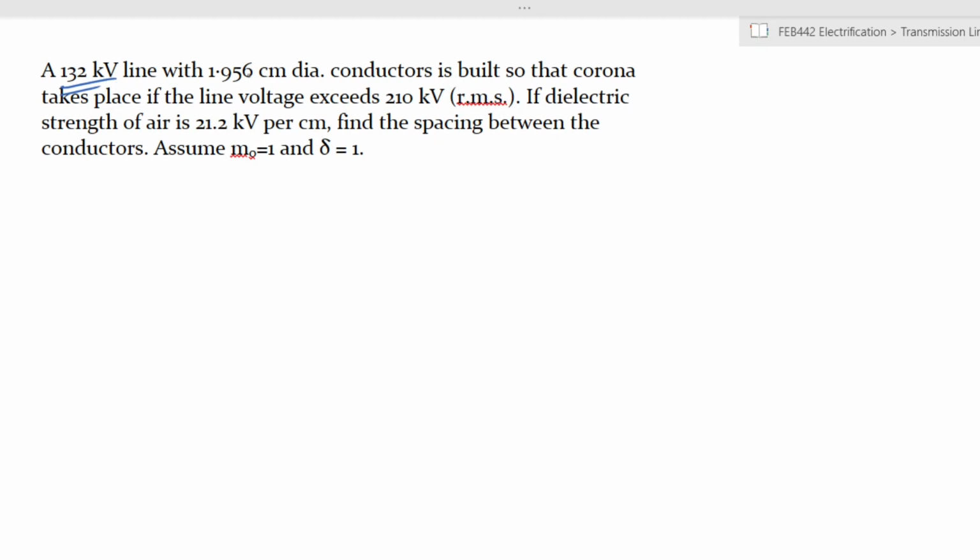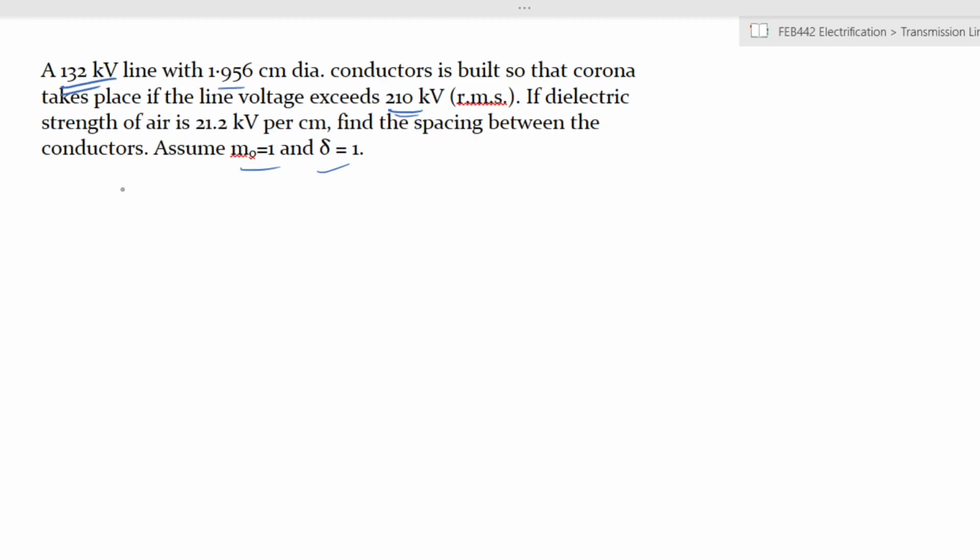So you have your line with fairly small conductors of this diameter, and it is built so that corona takes place if the line exceeds 210 kV RMS. The dielectric strength is that. Find the spacing between the conductors, assuming that factor is 1 and that other factor is 1. So that allows us to really disregard the effects of those.